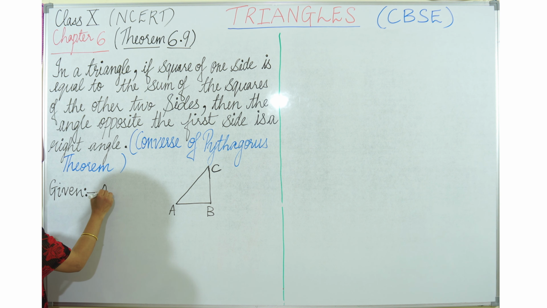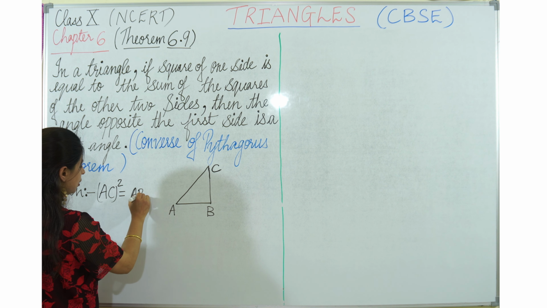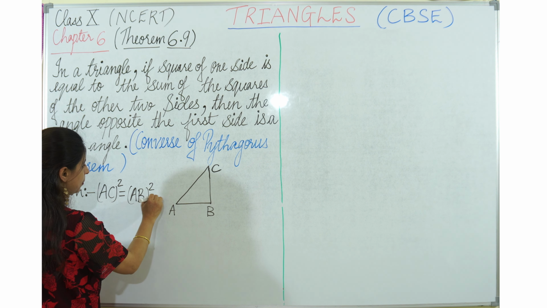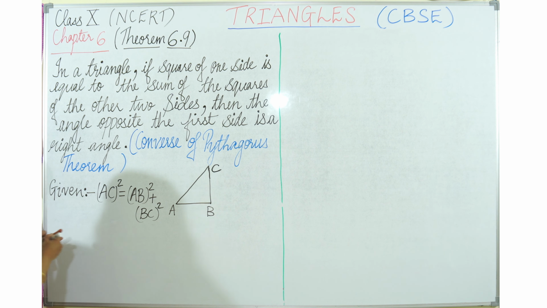AC square will be equal to AB square plus BC square. This is given to us. Let us mark it as equation number 1 itself.